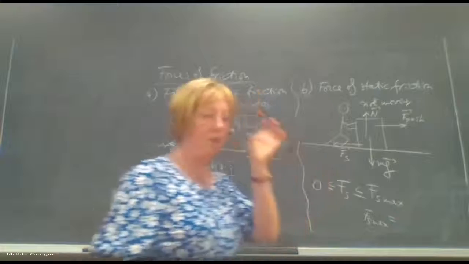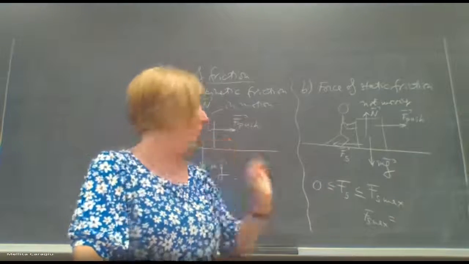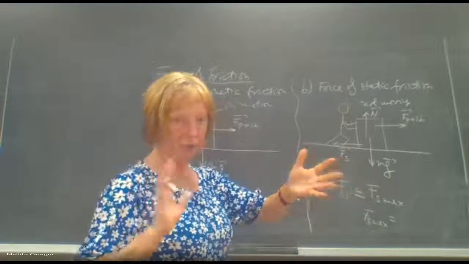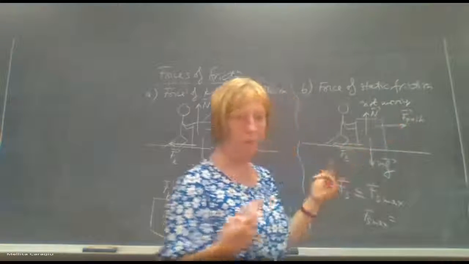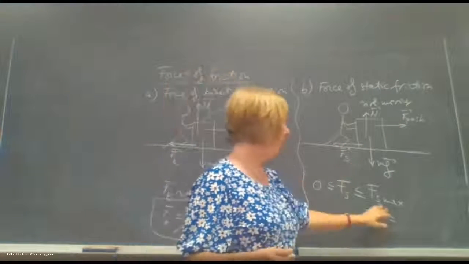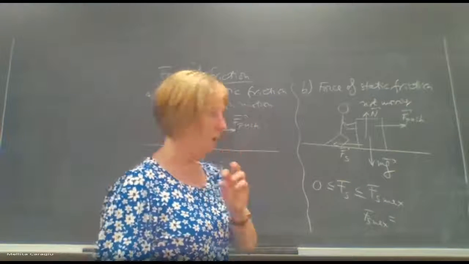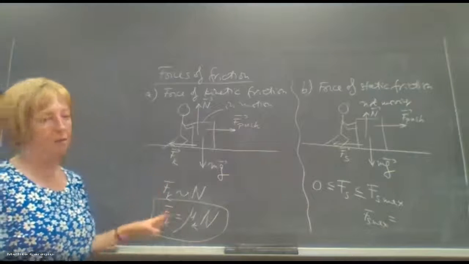And for this maximum value of the force of static friction, we have a formula. We don't have a formula for the whole range, because basically the force of static friction always matches the pushing force. But for the maximum value of the force of static friction, there is a formula. And the formula looks very much like the force of kinetic friction.